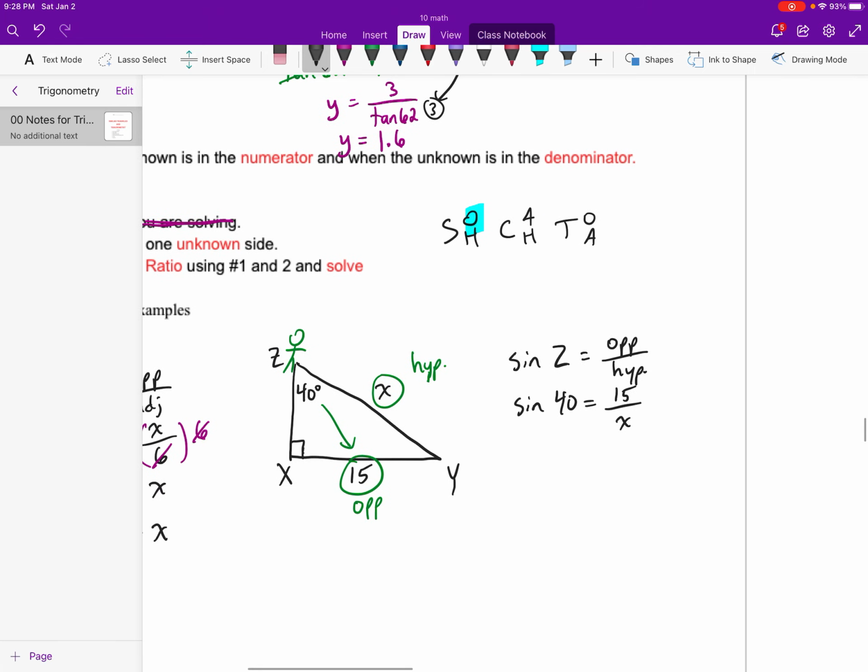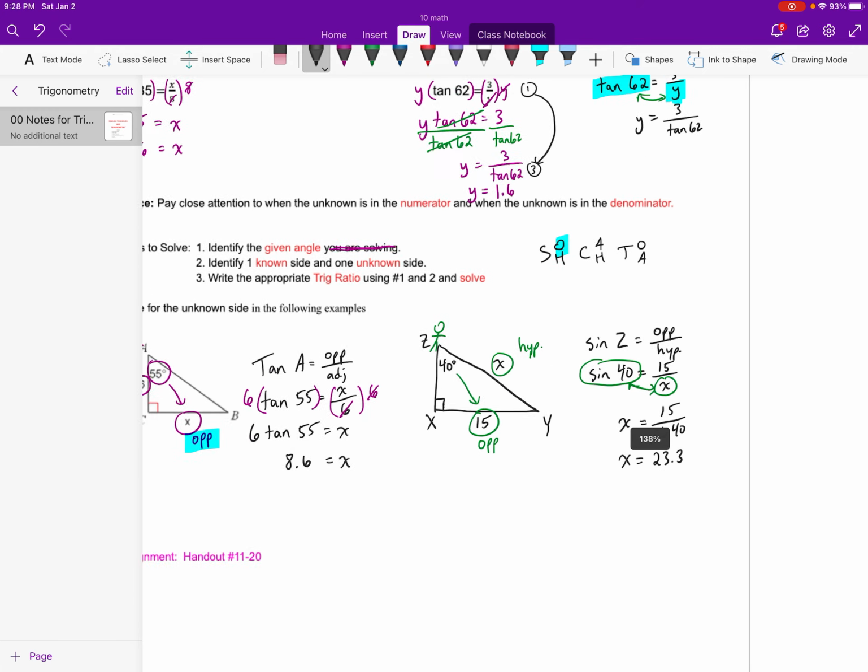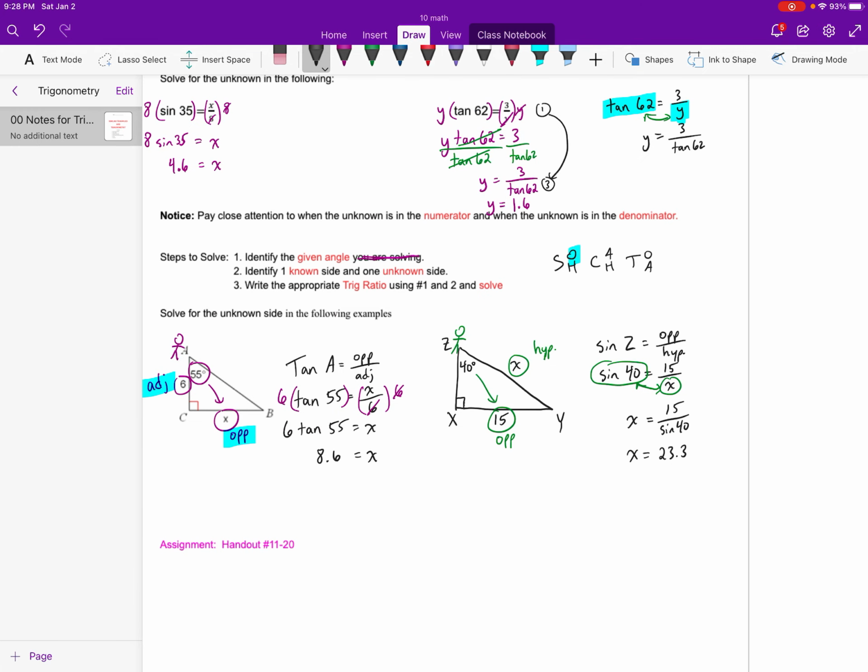We switch the x with the sine 40. So we get x equals 15 over sine 40. If you type this into your calculator, 15 divided by sine of 40, we get x equals approximately 23.3. And there you go. We just solved for the unknown sides in a right-angled triangle.